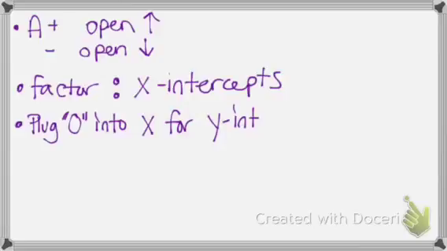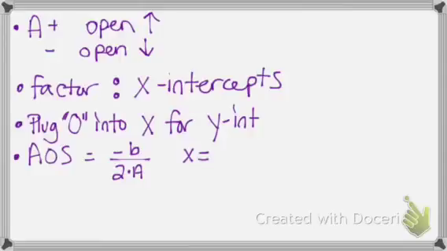Okay? To find our axis of symmetry, our AOS, I like to call it, the axis of symmetry, okay, we're going to do negative b all over 2 times a. And that gives us an x equals format.